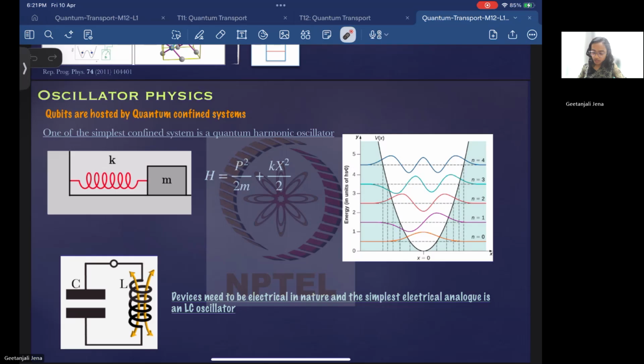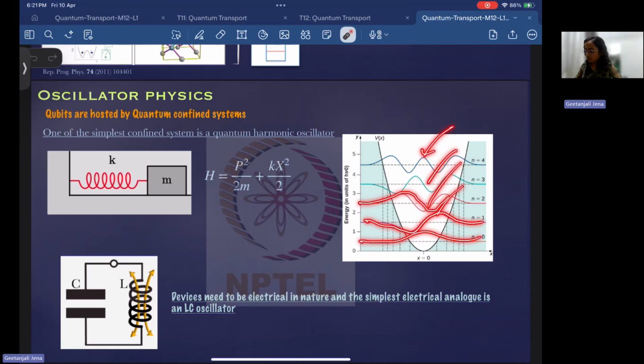If you look at the energy diagram, this is the energy plot for the harmonic oscillator. We can see the n equal to 0 level, n equal to 1, n equal to 2, n equal to 3, n equal to 4. These plots are like sinusoidal variations.